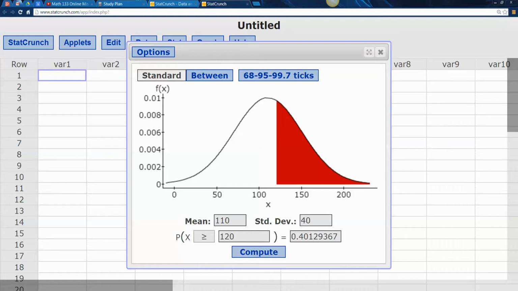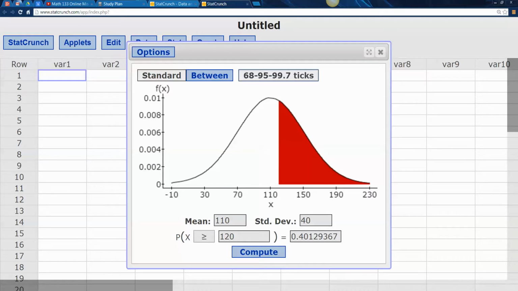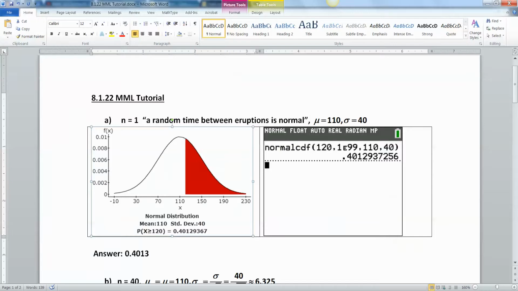I want to know if I'm going to have to wait more than 120 minutes for this geyser to erupt, right? Okay, so got my geyser, there's my chances. So if I'm sitting there for a single eruption, the chances of waiting 120 minutes or more for the geyser to erupt is 0.4013. All right, so then I take a picture of it and I paste it into here, and there it is, 0.4013.